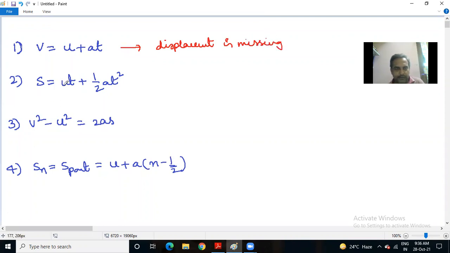Next, S, U, A, T are there, so here final velocity is missing. Next, V, U, A, S, so time is missing here. Now here also you have U, A, and even T also, so in place of N, you can assume T also. Here, final velocity is missing.